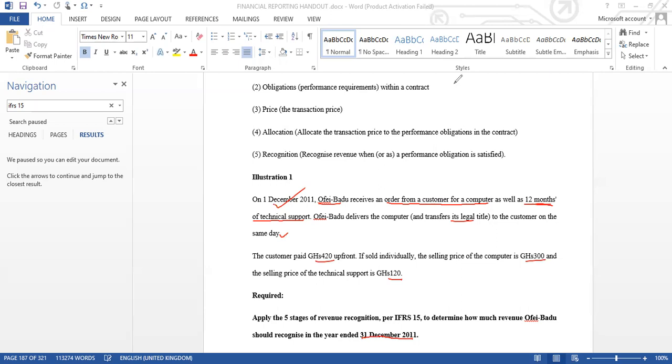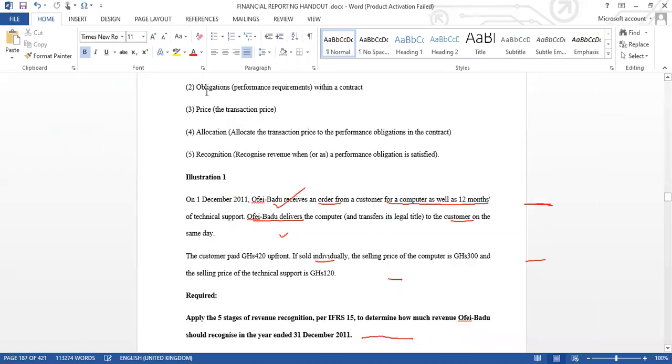Per what we did, what are the 5 steps? We have the copper. So how can we use the 5 steps to solve the question in this case? The first one, the C, we have to identify whether there's a contract in this arrangement. Okay, so C, is there a contract?